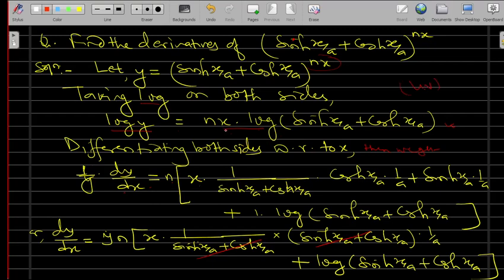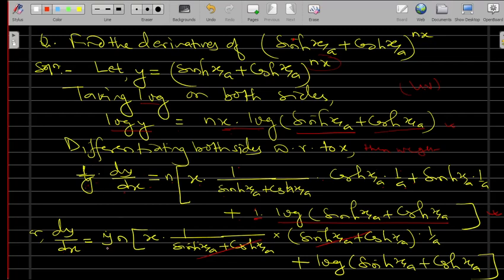For first, no change, x is no change, derivative of second: derivative of log x is 1 over sine hyperbolic(x/a) plus cos hyperbolic(x/a), times the derivative of hyperbolic sine(x/a), that is hyperbolic cos(x/a), again the derivative of x/a is 1/a, plus hyperbolic cos(x/a) is hyperbolic sine(x/a) times 1/a, plus first no change derivative of second, and second no change derivative of x for first is 1. This part is completed.